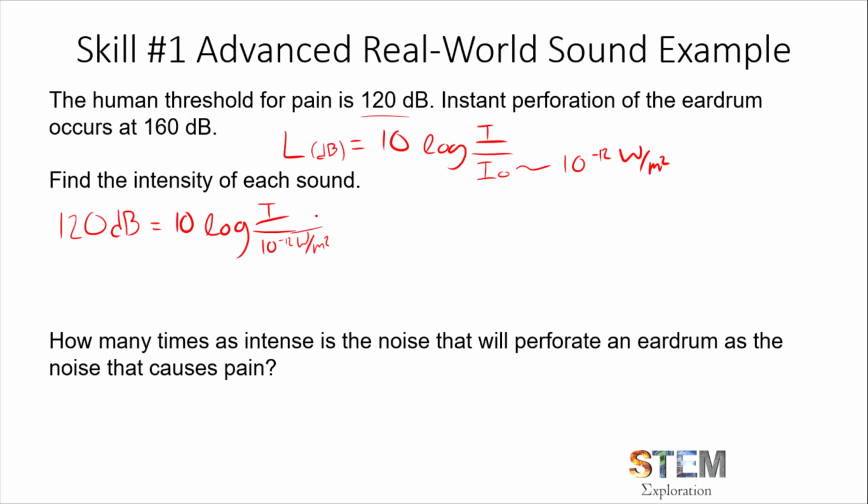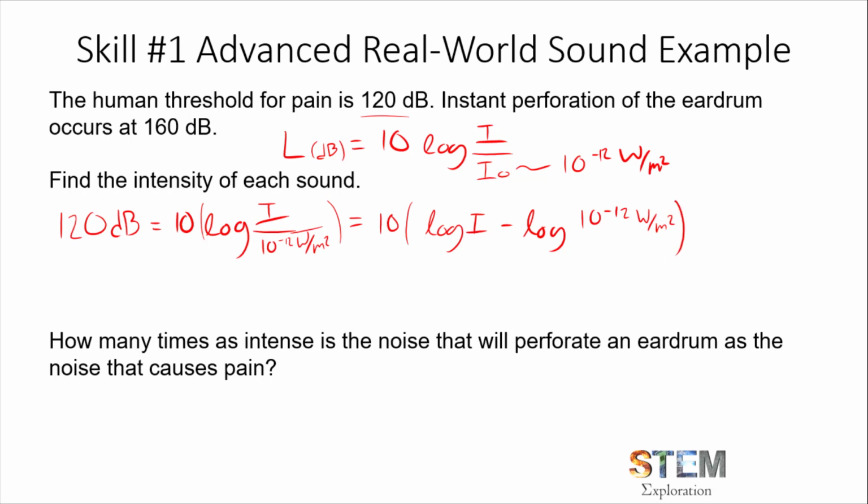The first thing I'm going to do is use the quotient property of logarithms. I'll put this in parentheses, and set this equal to 10 times the log of I minus the log of 10 to the negative 12 watts per meter squared.